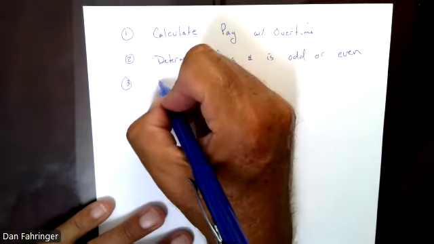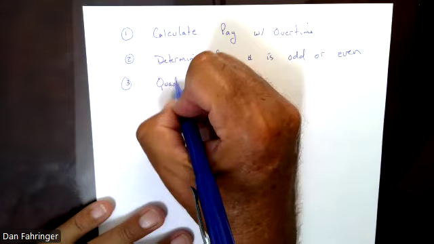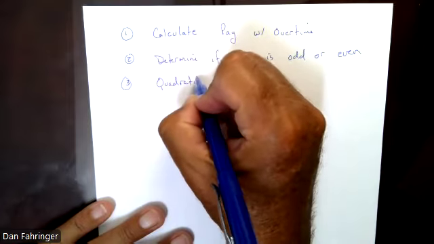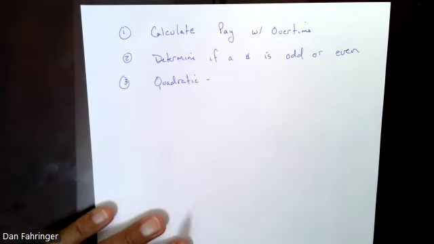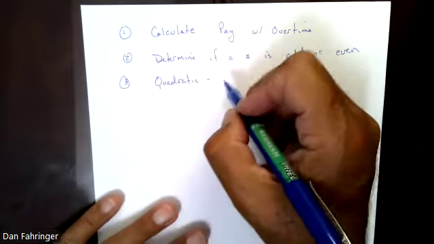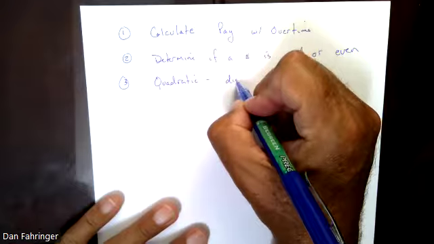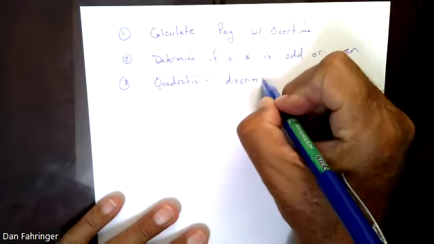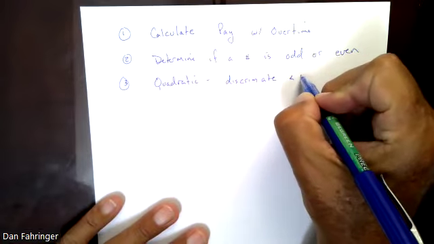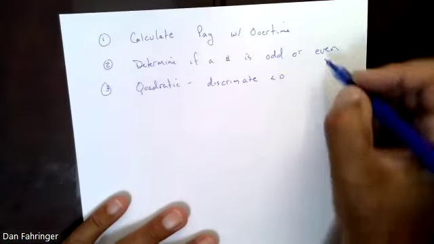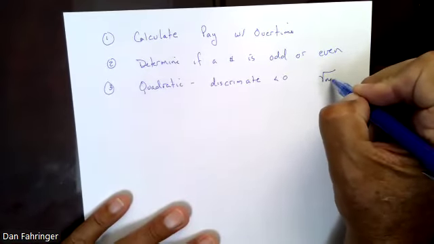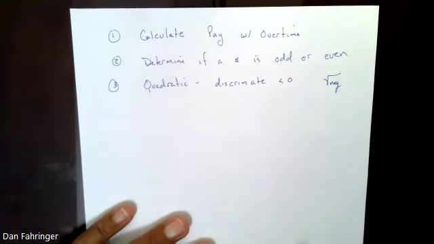And the third one is we're going to go back to that quadratic program. This is always good to do, to modify existing code. When you go back, we're going to ask if the discriminant is less than zero. Because when we did it and we had a negative discriminant, we were trying to take the square root of a negative number. That's bad.